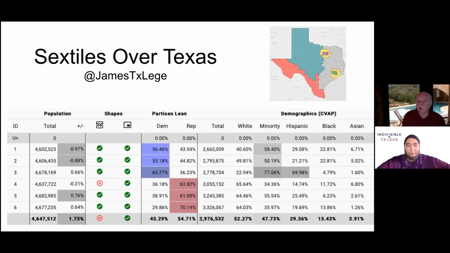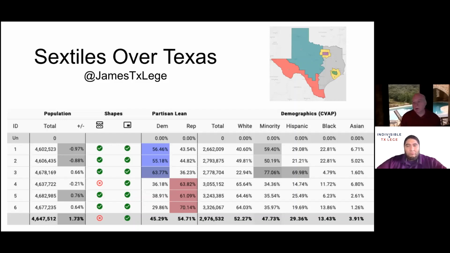Obviously, the border district is much more Hispanic. It's almost 70% Hispanic. But the other districts, especially Harris County and the West Texas area, 5, are over a quarter Hispanic also.